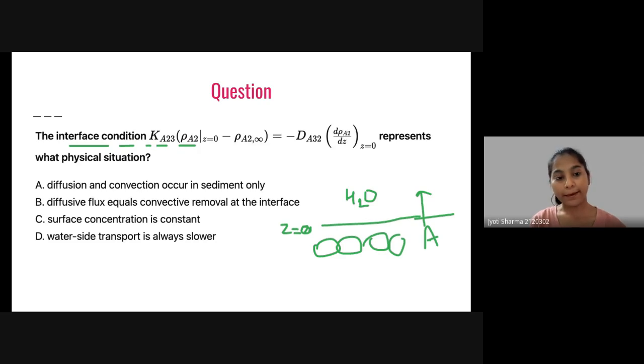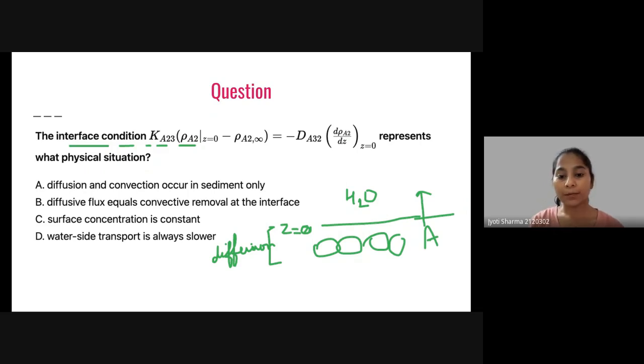The hint I'm giving is that here in the sediment, the movement is due to diffusion. If A is present on the solid and also in the pore water, it will move through diffusion only.